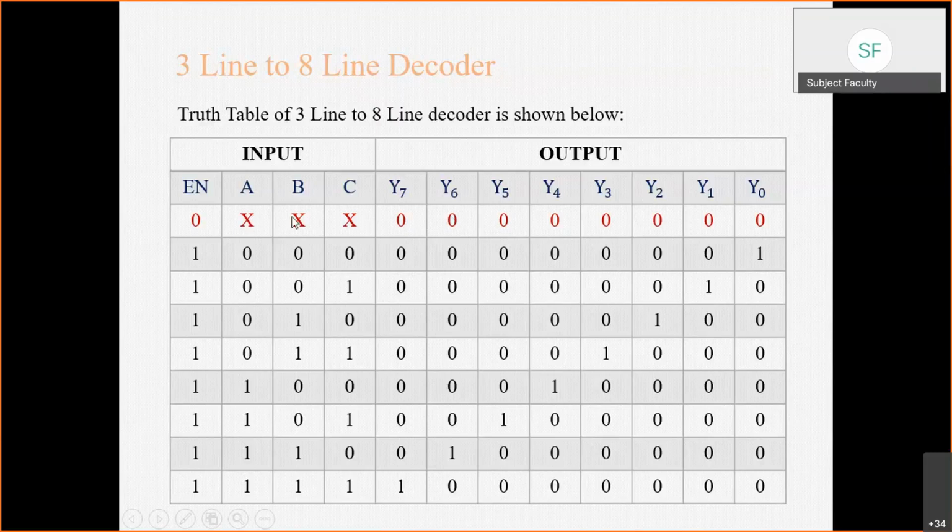It doesn't matter what your input is. Irrespective of the input, if your enable is 0, then all your outputs will be 0.